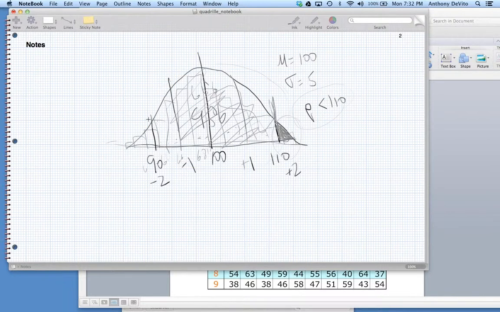Because of a little deduction based on the empirical rule, we know this middle part is 95%, and this part of the curve is symmetrical to this part, the percentage of people less than 90, and that's going to add up to the 5% left from 95%. So that percentage is going to be 2.5%.